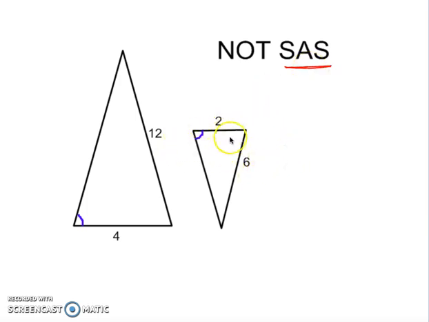However, even though 6/12 and 2/4 would give you a half for each of those corresponding sides, remember that this congruent angle has to be located between the two corresponding sides. So for this to be side-angle-side, the angle would technically have to be here and here, which it is not. So this one could not be considered side-angle-side.